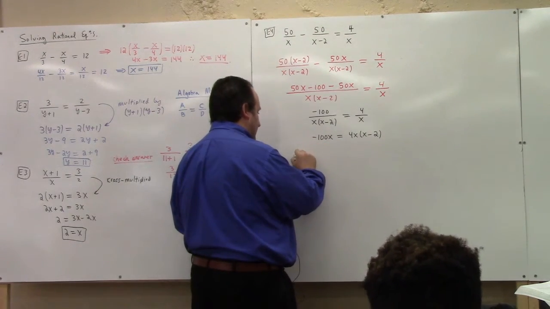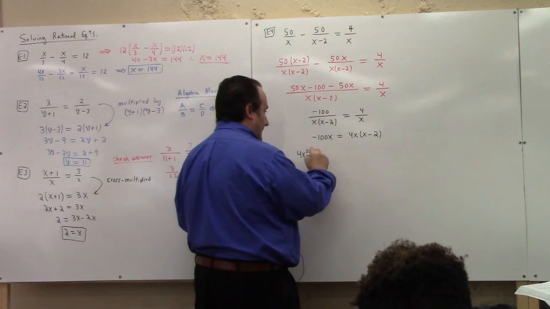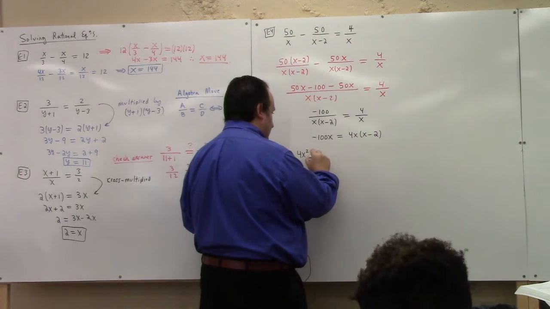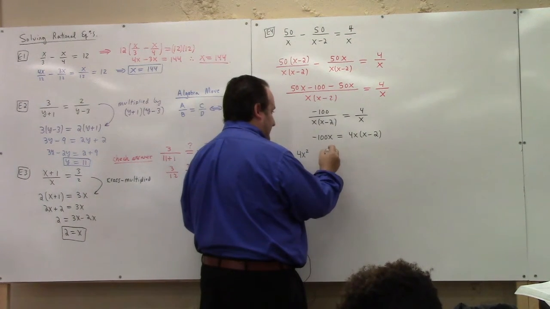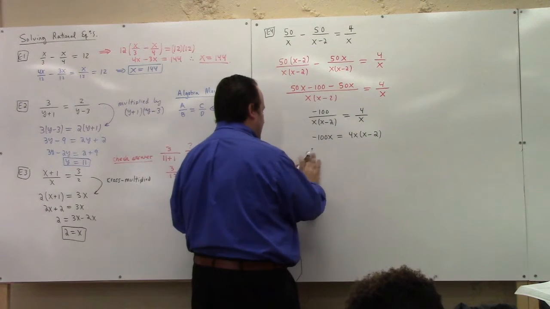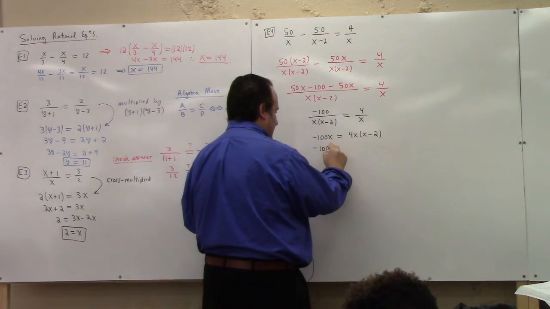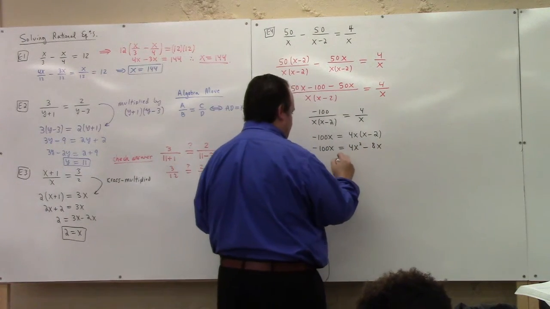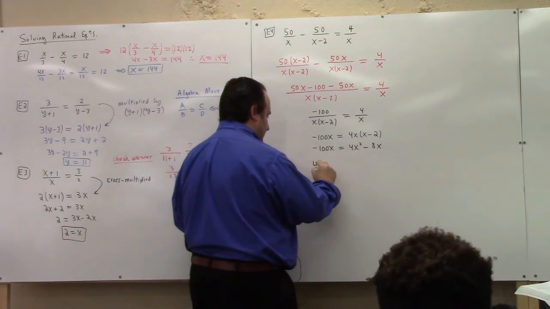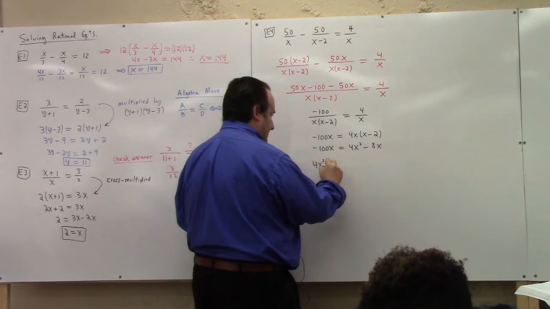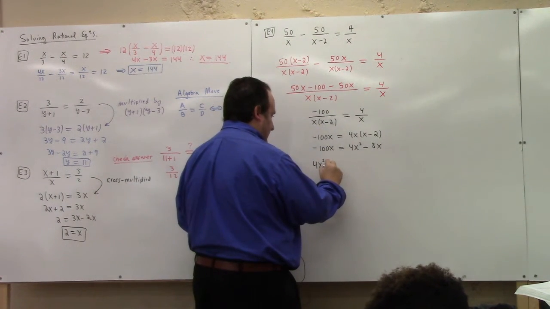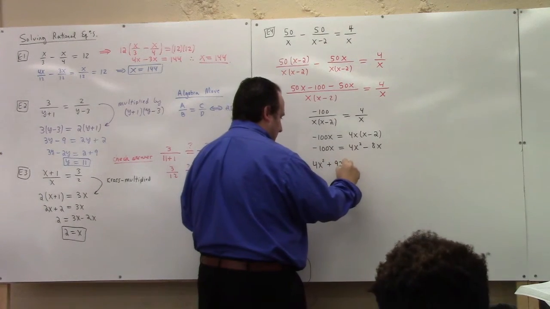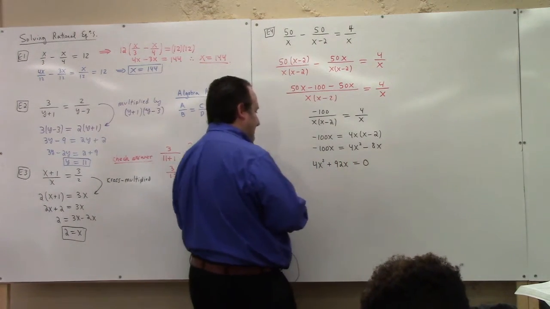So minus 100x equals 4x squared minus 8x. Then let me rearrange this. We got 4x squared plus 92x equals 0, right?